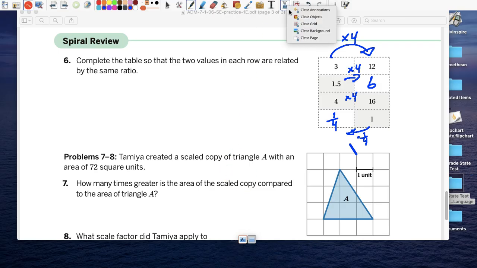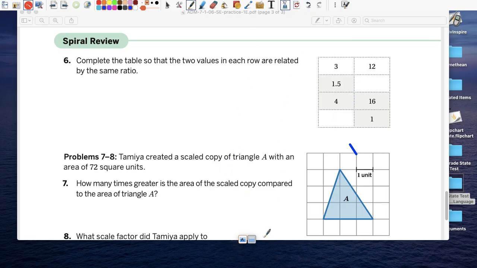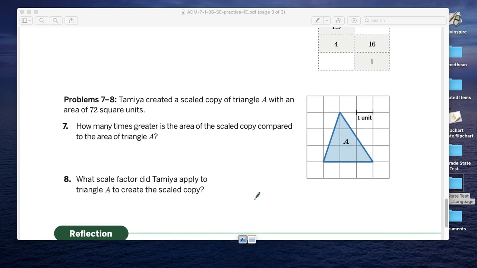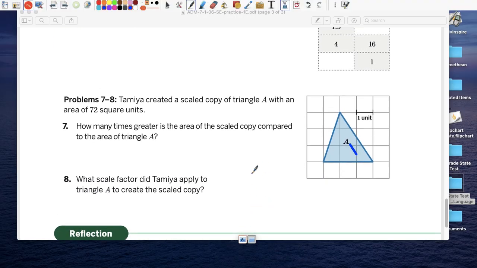Last one. Last one is a little bit challenging. Well, not too challenging. But it goes back to what we did not too long ago, by the way. Let me write scale factor here.